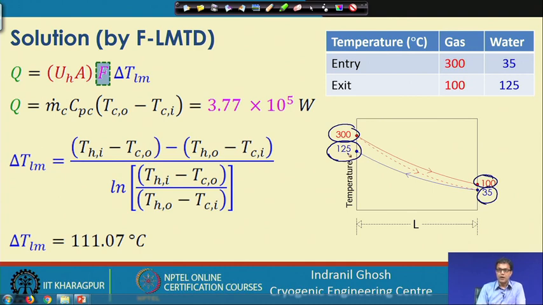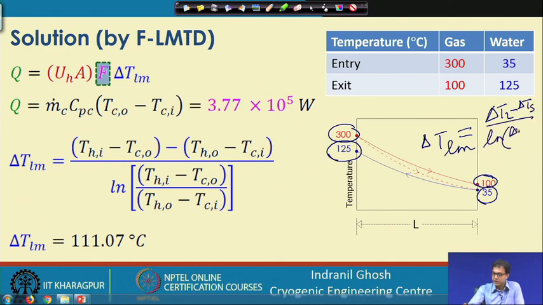Had this been a counter current exchanger, we would have easily determined the log mean temperature difference by delta T of the larger one minus delta T of the smaller, divided by the log of delta T large by delta T small.